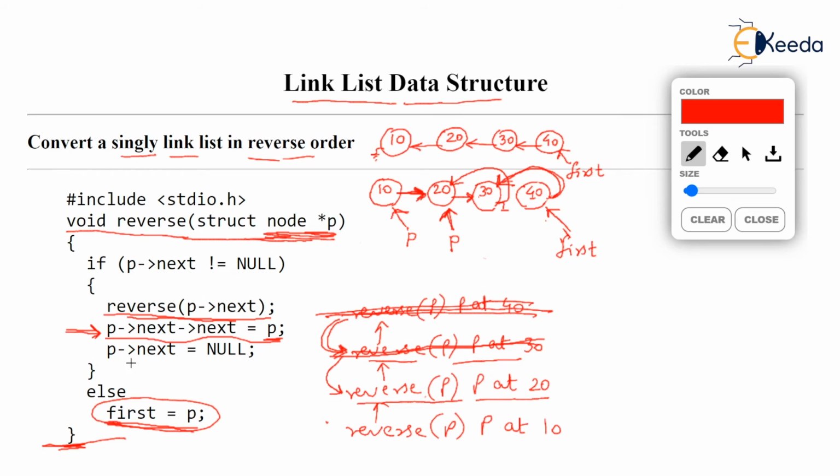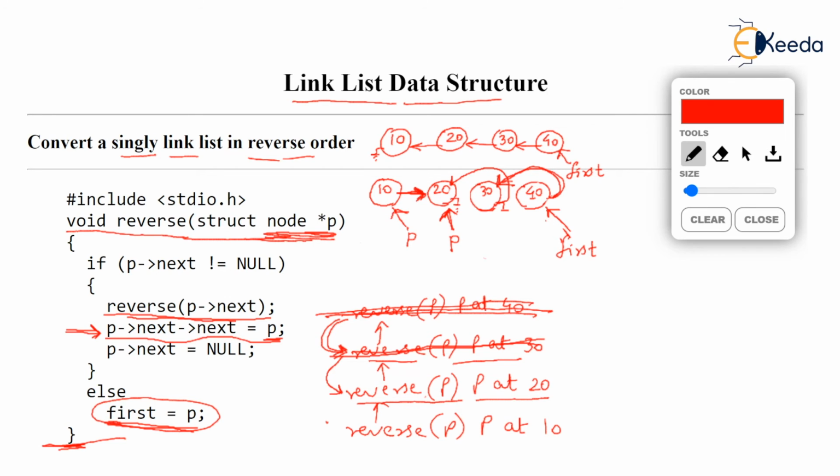Now continue with the next line. P arrow next equal to null. Observe the mouse place, cursor place. P arrow next equal to null means 20's next should become null. So 20's next, which was pointing at 30, will no more point at 30. Correct? And 20's next will be null. So we are breaking the association between 20 and 30.